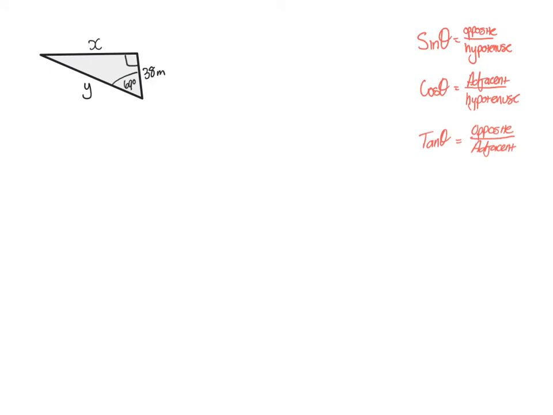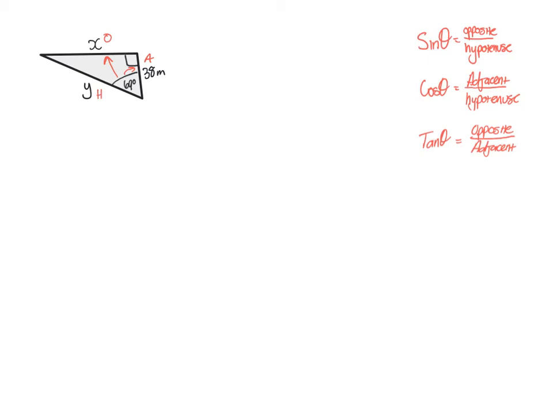Now this last example is a little bit different. This time we're going to find side length y, and we'll see in a sec that the rearranging of this formula is going to be a little bit different, but most of it's the same. So our first step, just as before, is to label each of the sides. So we have the opposite side to this angle we'll label with an O, the one next to we'll label with an A for adjacent, and then the hypotenuse is the longest side length.